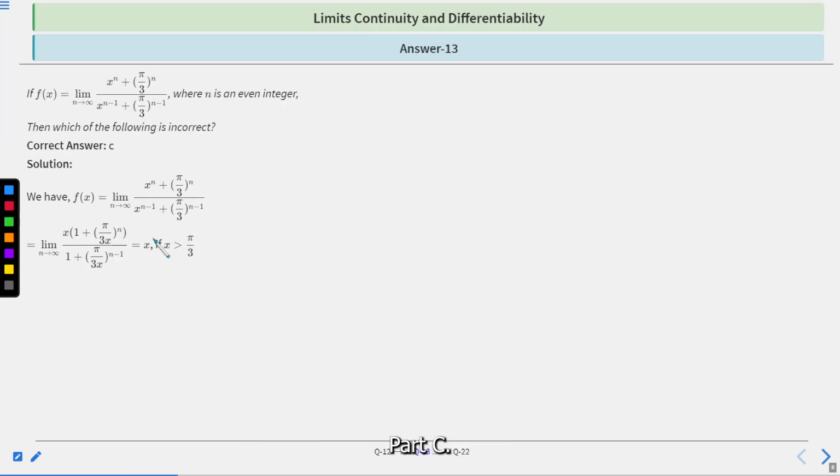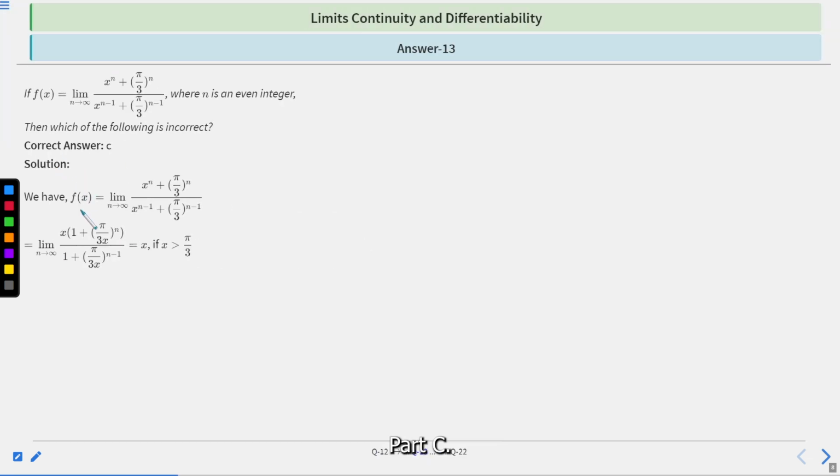Okay, let's move to the solution part. See, since f(x) equals the limit n tending to infinity of (x to the power n plus (pi by 3) to the power n) upon (x to the power n minus 1 plus (pi by 3) to the power n minus 1), that equals the limit n tending to infinity, let's take x as common.